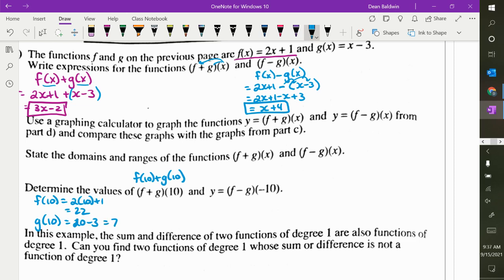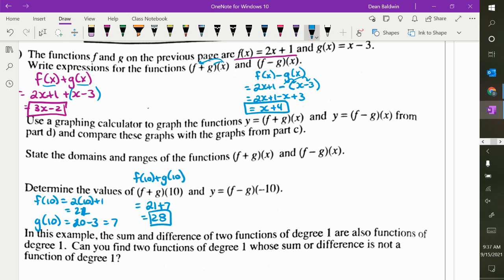I don't think 20 plus 1 is 22. 21. I'm really good at addition and subtraction today, people. So 21. So f plus g of 10 is going to be 21 plus 7 is 28. Okay? You can do it that way. Does anybody see a faster way to do it? Or another way? Yes.